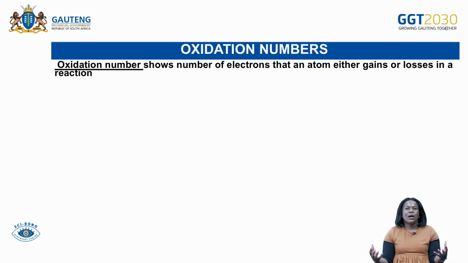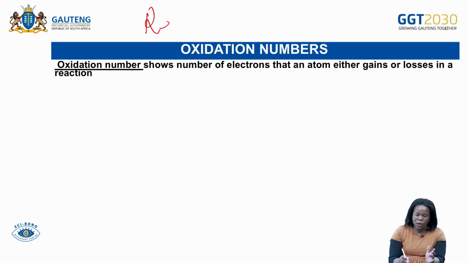In a reaction, this happens simultaneously, meaning at the same time. So when there is a loss, there has to be a gain somewhere else. If the electrons are lost, then they have to be gained somewhere. That is why we refer to it as a redox reaction, meaning that these happen simultaneously.